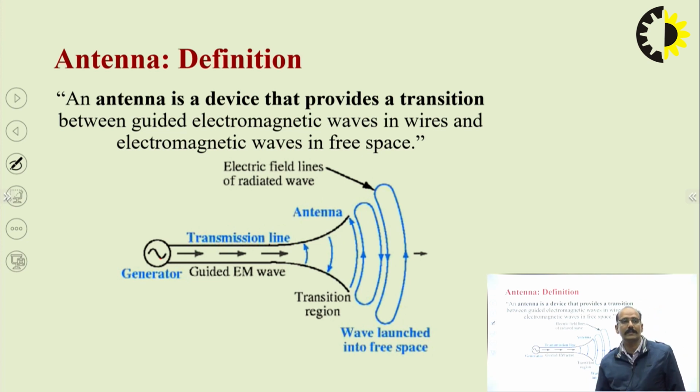So the antenna is a passive electronic device which converts the applied voltage into electromagnetic waves.